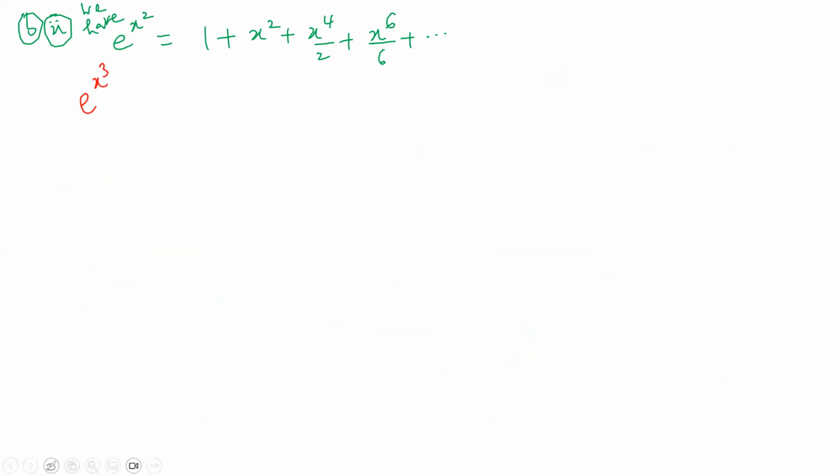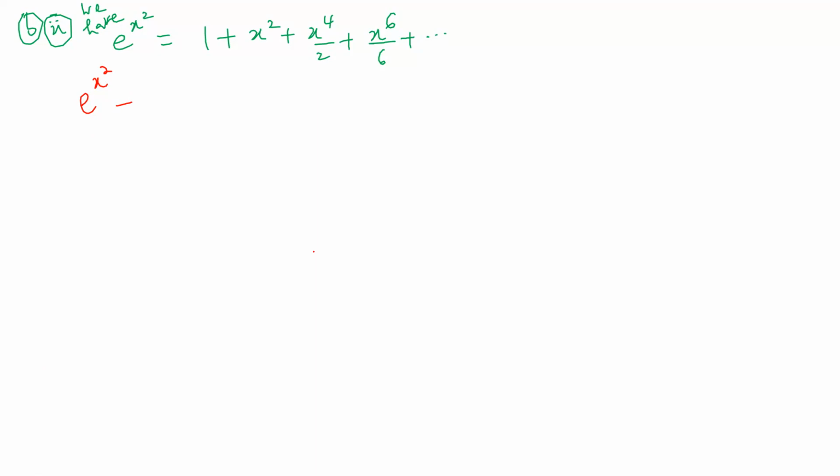So we have e to the x squared, I'm putting the cube there. So you have x squared here. So we subtract the rational function with a denominator of degree 3.